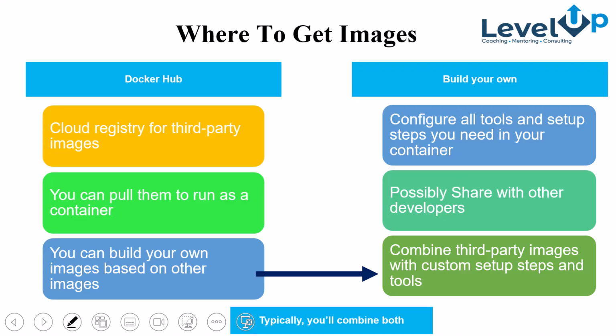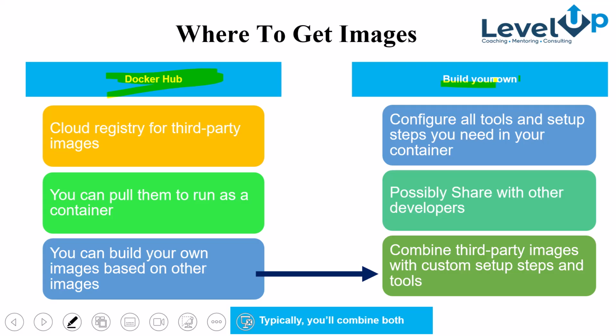Now we discussed that there are pre-built images. Where do we get these pre-built images? From a repository called Docker Hub. We will see the hands-on exercise in the next chapter, where we will create a Docker Hub account. In the Docker Hub account, we have all the pre-built images.